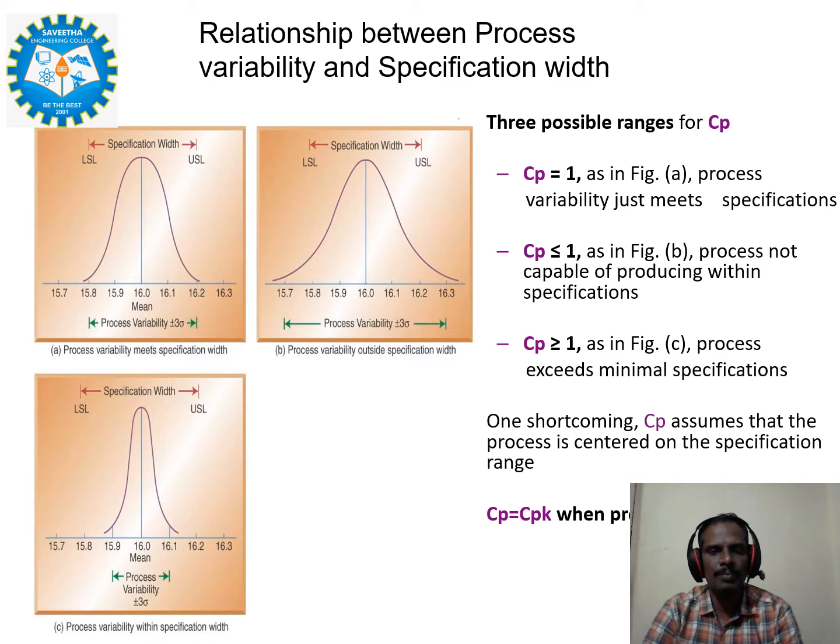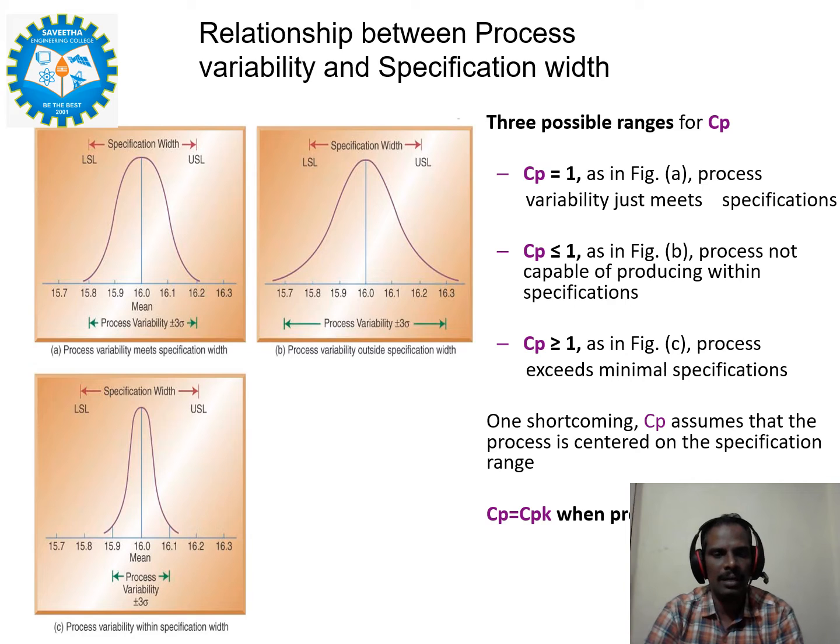The relationship between process variation and specification width is represented by three graphs showing the variability. The first graph indicates the process variation within the specification limit, given in the interval of 15.8 to 16.2, which means the process meets the specification width.